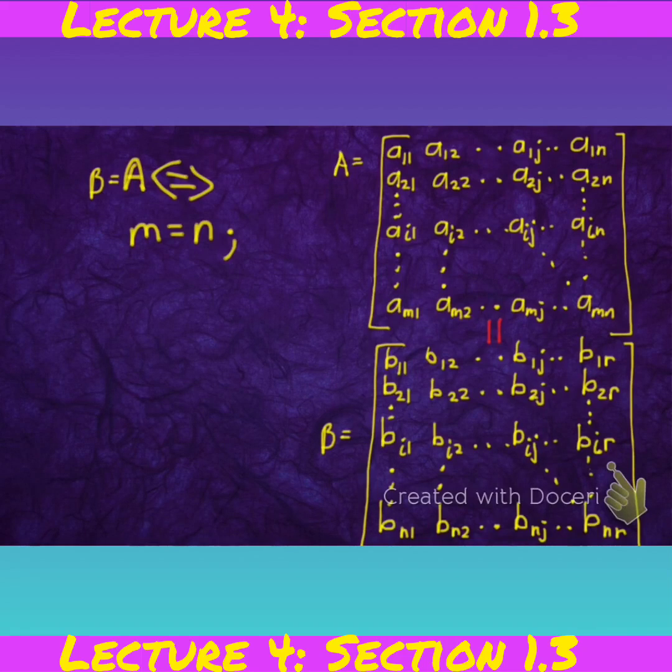Then you need the number of columns of A and B to be the same. So the number of columns of A is denoted by the index N, and that has to be the same as the number of columns of B, which is denoted by the index R. So N needs to be equal to R. In addition to that, we also need the entry of A that lies in the ith row and the jth column to be the same as the entry in B that lies also in the ith row and the jth column.